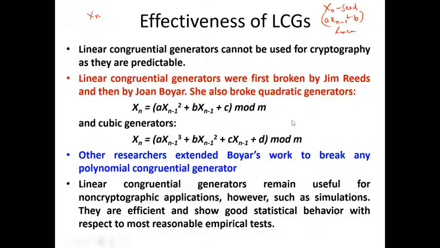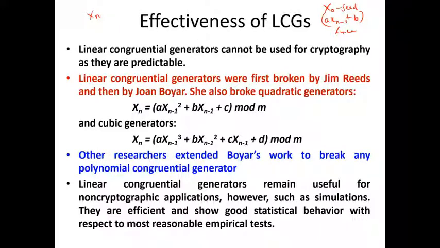So here, this is about LCGs. So please remember, LCGs are not preferable for cryptographic applications because of their predictability and because of their simplicity in breaking the cipher. If I use this for any cipher, then you can easily break the cipher. But they are helpful in many other places in simulations also, and they are very efficient.